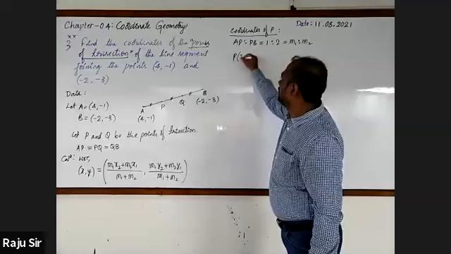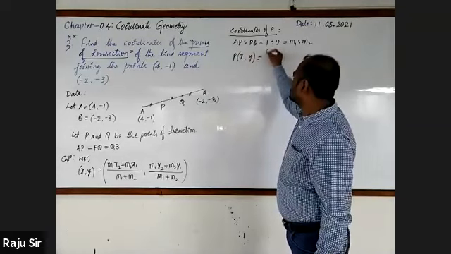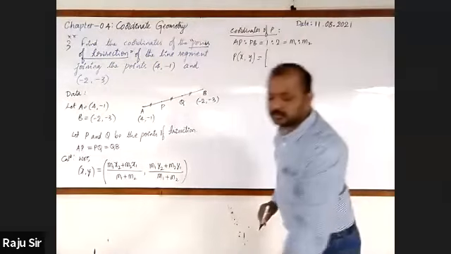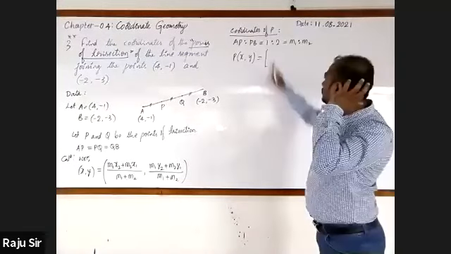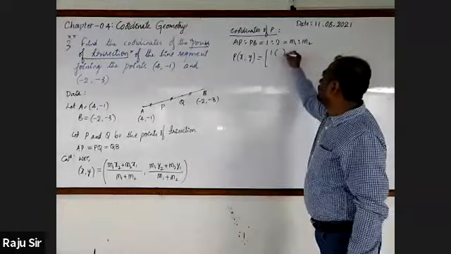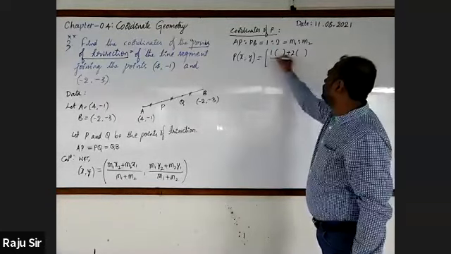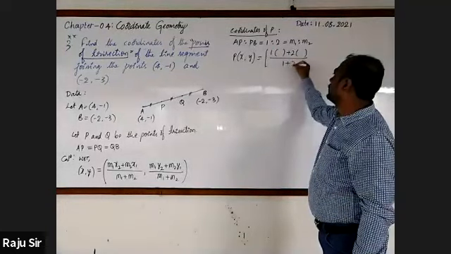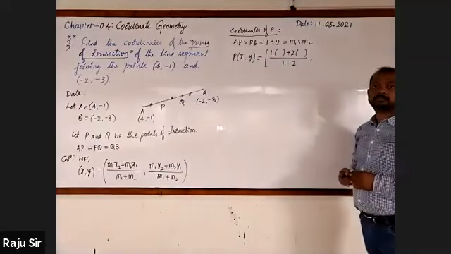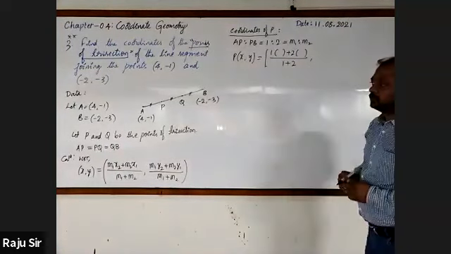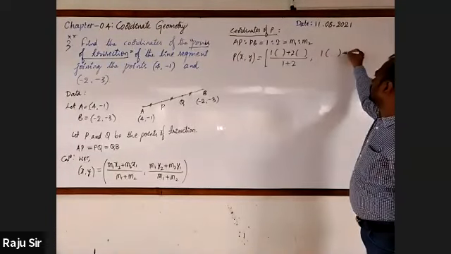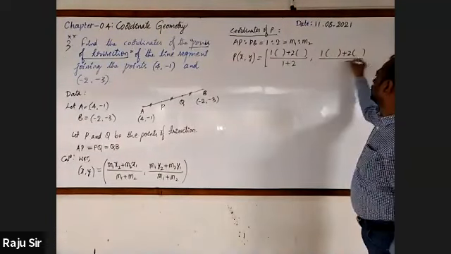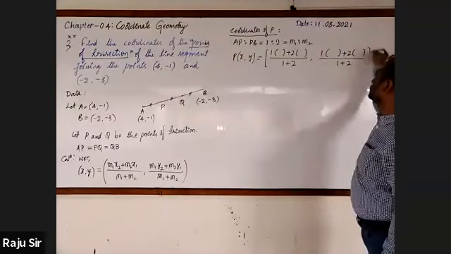P of (x, y) is equal to, first you may substitute m1 and m2. 1 and 2 are there. (1 into x2 plus 2 into x1) by 1 plus 2. Next, (1 into y2 plus 2 into y1) by 1 plus 2.